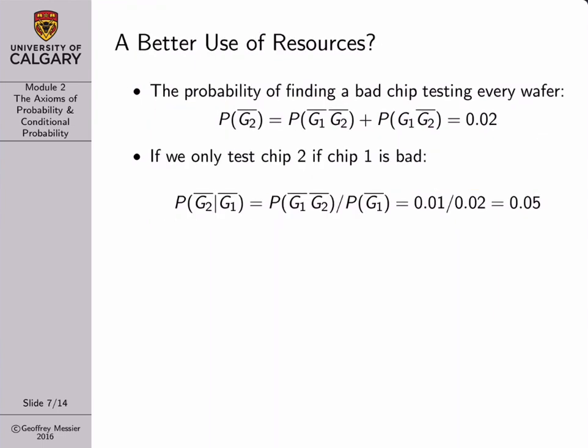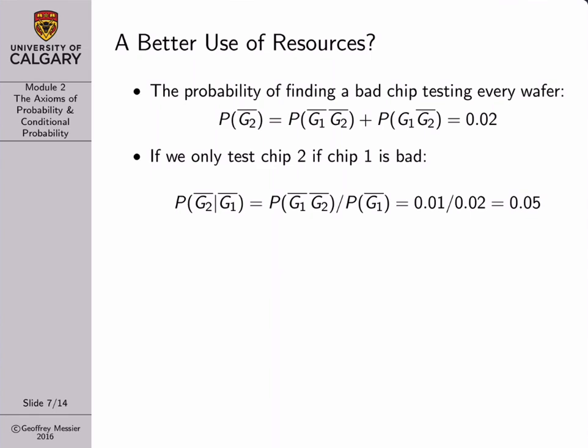Okay, the first question we're trying to answer is, is this a better use of resources? And the way I'm going to answer that is to calculate the probability of a tester finding a bad chip if we test every single IC number 2, and then calculate the probability that a tester finds a bad chip if we only test the second IC after the first IC has been shown to be bad.